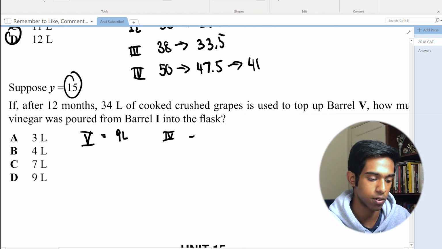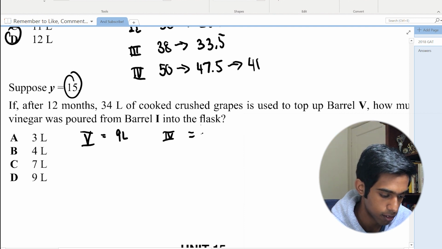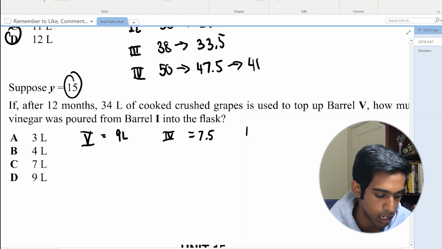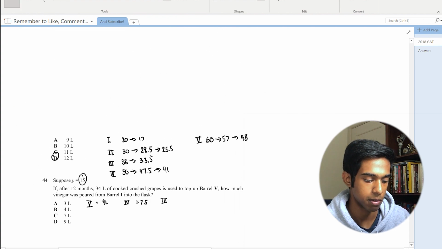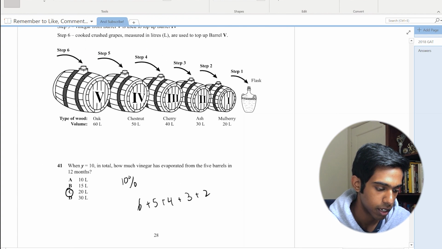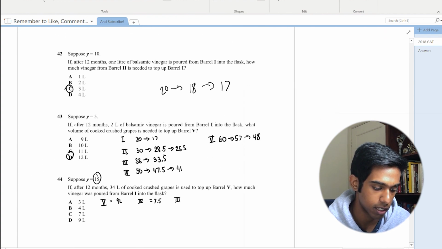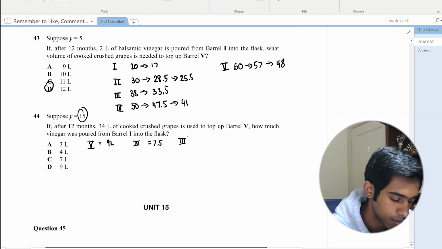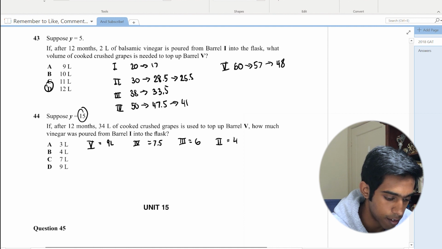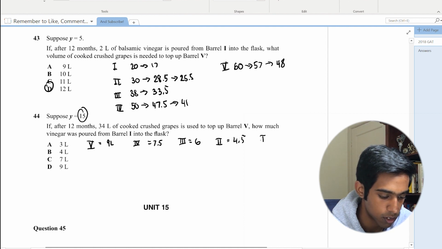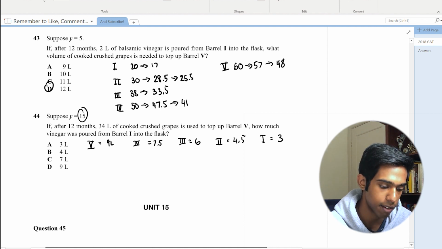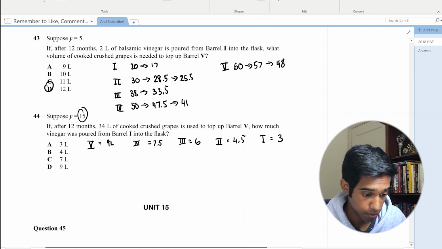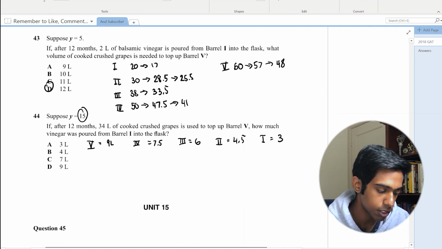In flask 4, it's going to be 7.5 evaporating. In flask 3, it's going to be 6 evaporating. In flask 2, it's going to be 4.5 evaporating, and in flask 1, it's going to be 3 evaporating.